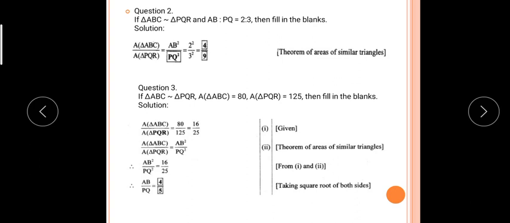When base and height are given, always remember that maybe sometimes both the triangles are not similar. If they are similar, then take their square of corresponding sides. If they are not similar, then their area is not equal to this. So don't use the theorem when the triangles are not similar. If given triangles are similar, then only you can use the theorem of area of similar triangle.